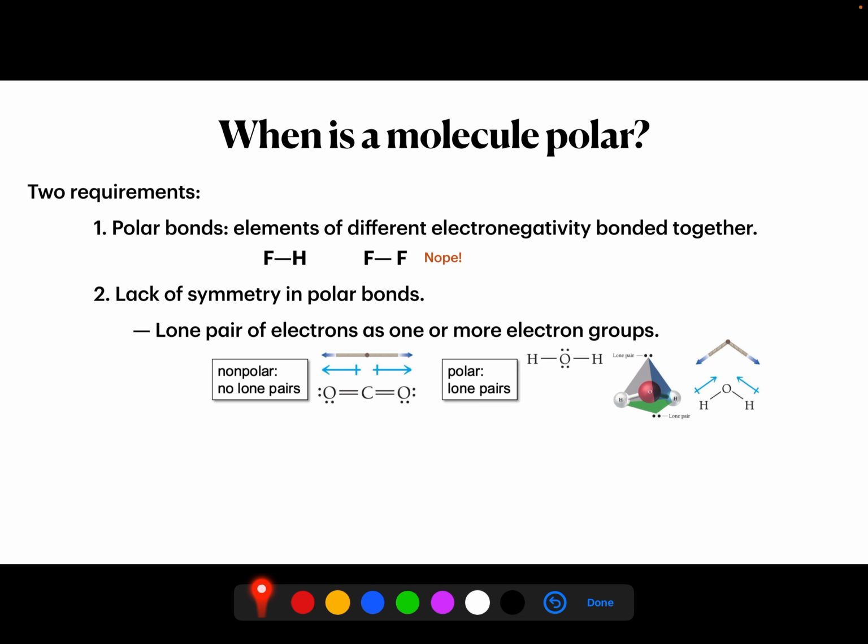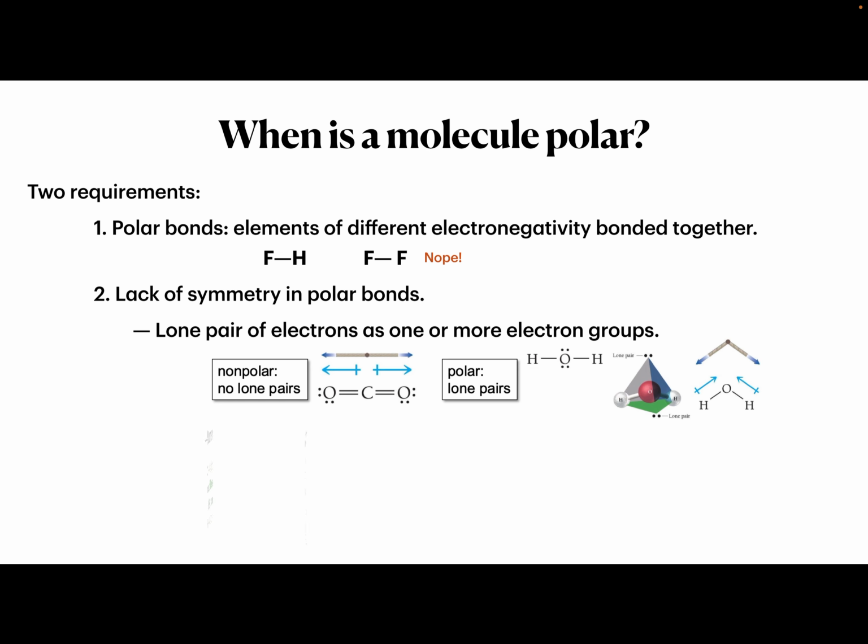Sometimes it's a little confusing because students will look at the carbon dioxide and say, wait, there are lone pairs out here, but those lone pairs are not on the central atom contributing to the geometry of it. So when you're looking for those lone pairs, you're looking for lone pairs on the central atom. That's what's affecting the geometry, resulting in dipole moments that aren't going to cancel.